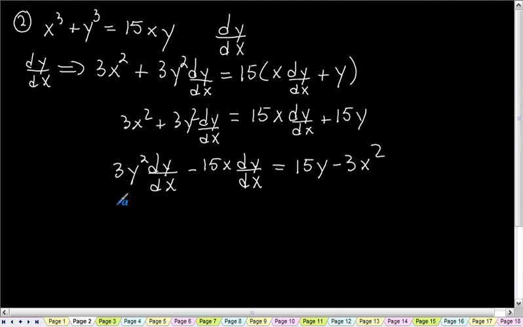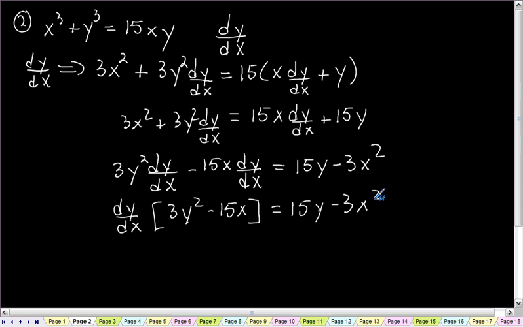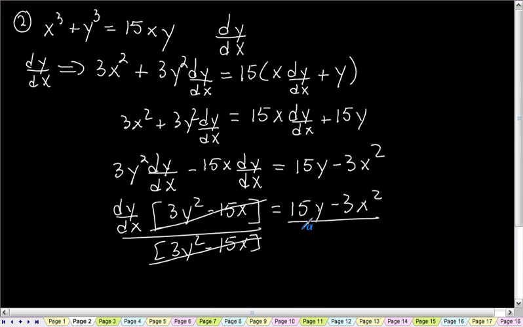Now I pull out a dy/dx. This side I'm left with 3y squared minus 15x. That's equal to 15y minus 3x squared. Divide both sides by this monster. What I do to one side, I do to the other side. So I divide this side by 3y squared minus 15x.